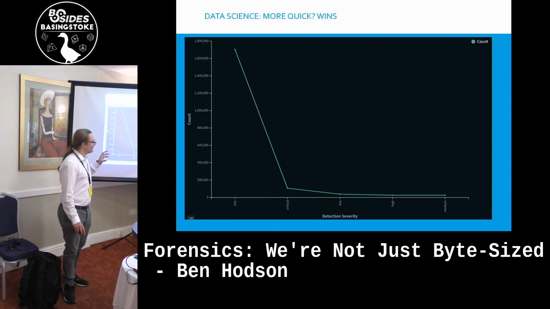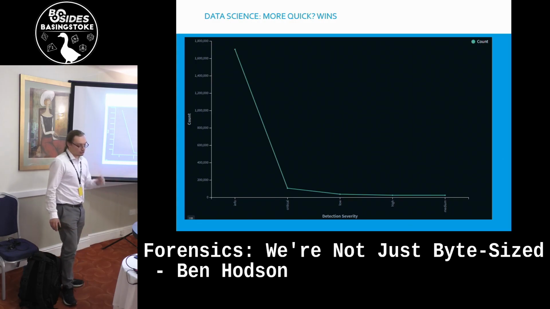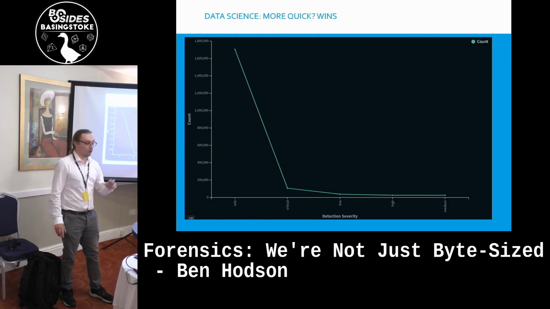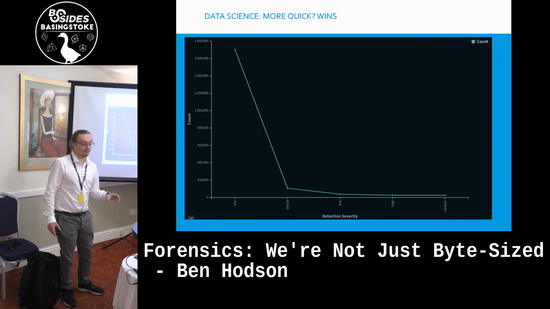Now, this example, a little bit more dev work, but still quite useful. This is something we did quite a lot when I was at Countercept. Here we have the detections coming to our own search cluster.